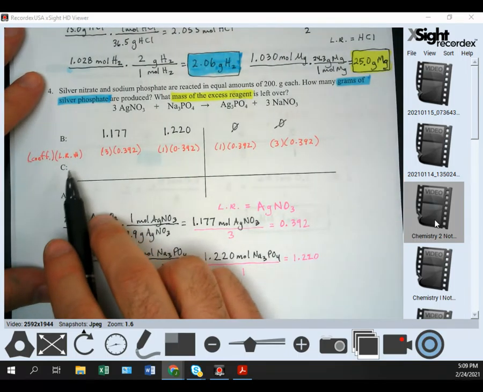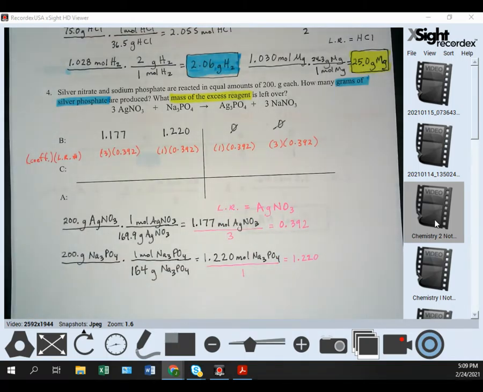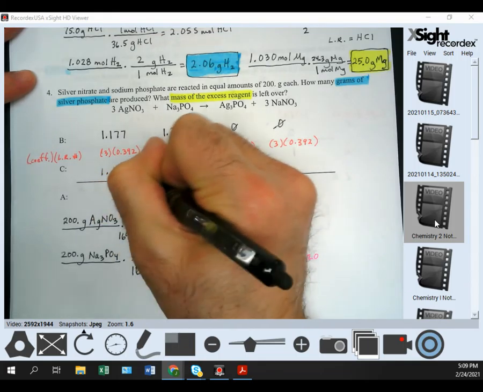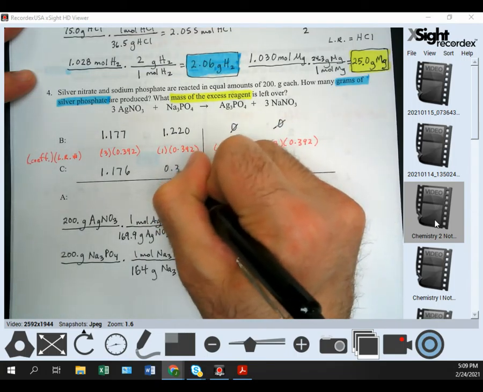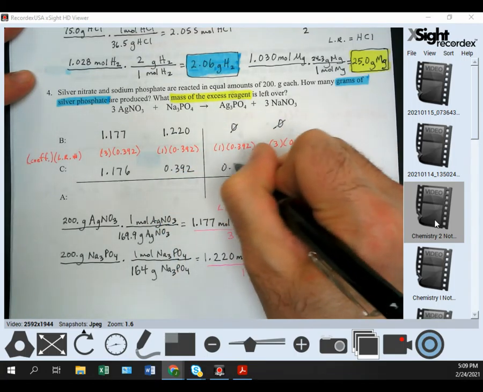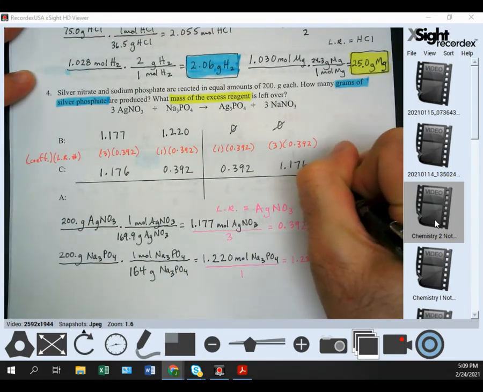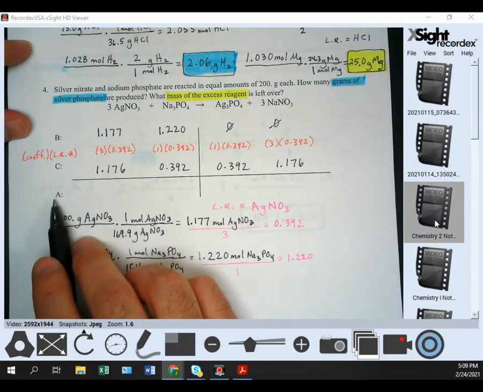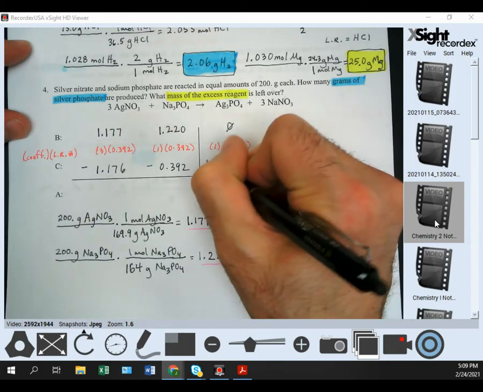So change row, multiplying these. So 3 times 0.392 gives us 1.176. Okay, 1 times that is just 0.392, and this is 3 times it, so it's the same as over here, 1.176. Now, subtract to get your after row, subtract reactants, add products.